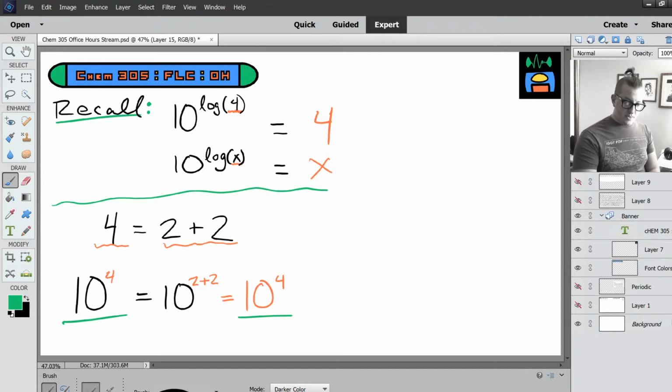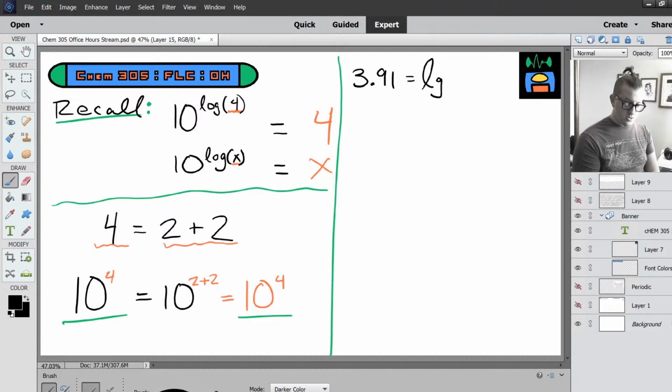And you want to keep these two properties in mind as we go to solve this last part of the problem. Because right now, we have an equation that says 3.91 is equal to the log of 0.0250 molar over the molarity of carbonic acid.